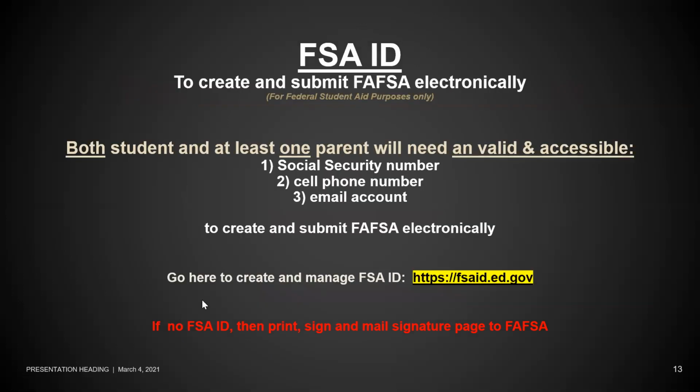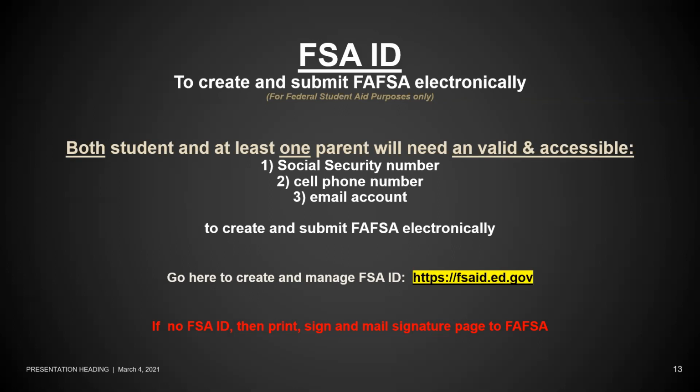So when creating the FSA ID username and password, again, the student and at least one parent will need to create it. You need to have a valid Social Security number, cell phone number, and an email account. This is because once you start to create your username and password, they want to, again, behind the scenes, verify that you are the person that should be completing the form.